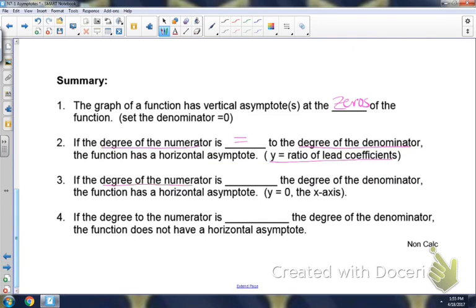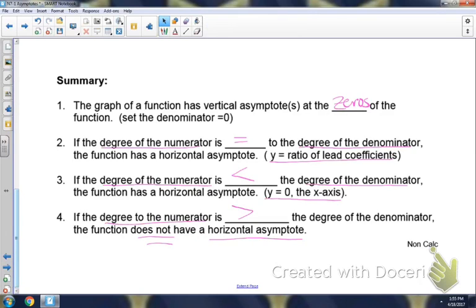If the degree of the numerator is less than the degree of the denominator, your horizontal asymptote is y equals 0. And then the last part, if the degree of the numerator is greater than the degree of the denominator, then it does not have a horizontal asymptote.